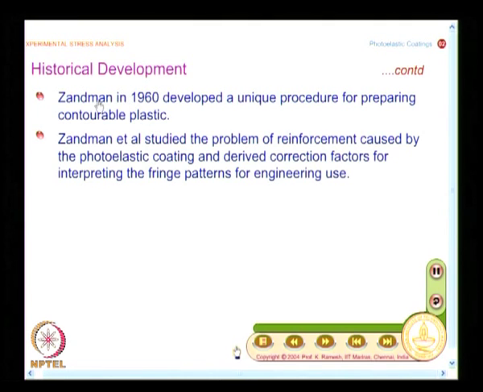In this process no stresses are introduced, because the polymer that you use is in a gel state and easily forms the contour of the actual object. After it is cured for about 24 hours, you get a shell, and this shell is pasted on the actual object and you do the experiment. This was a very significant development introduced by Zandman, and this is a very famous contourable plastic.